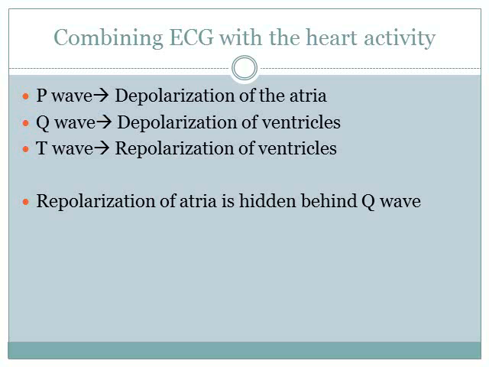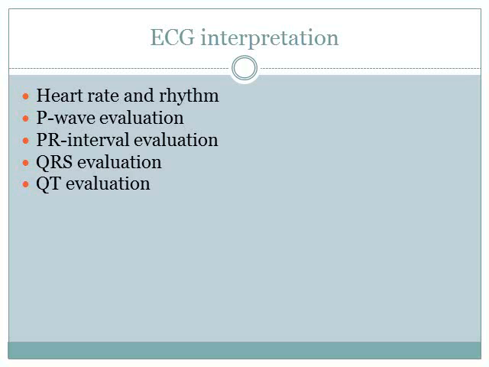So what do we need to know when we interpret ECG? First of all, we need to know the heart's rate and the rhythm, and then we evaluate the P waves. So in order to understand the rhythm, we also need to understand the P wave, QRS, PR interval, QT.